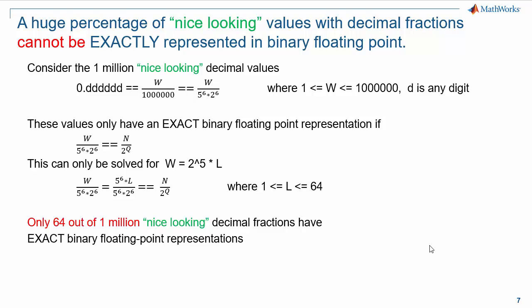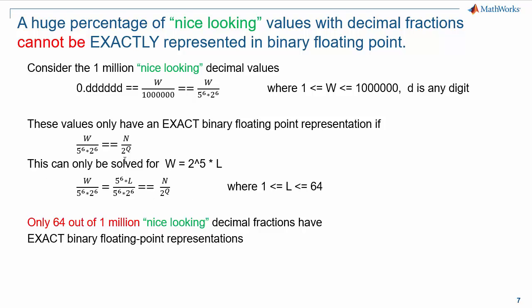Now if we factor the denominator, we have 5 to the 6th power times 2 to the 6th power in the denominator. Now let's set that equal to a binary floating point representation. So we have that unknown integer w divided by these factors equal to n over 2 to the q.